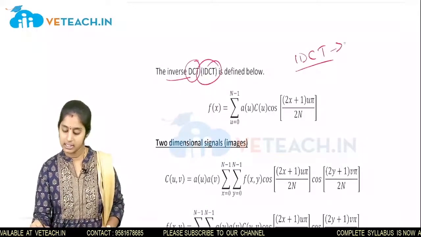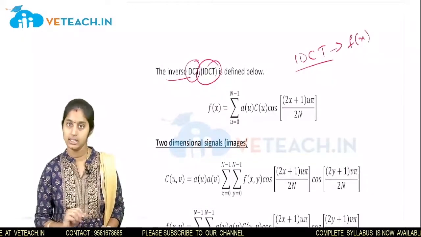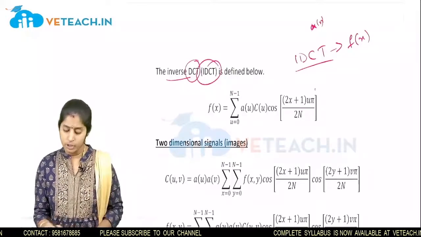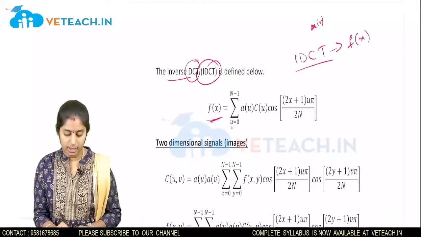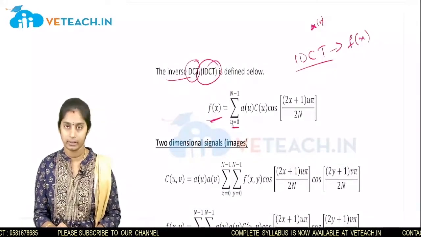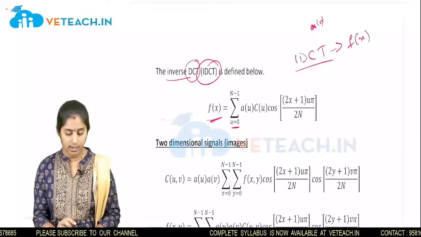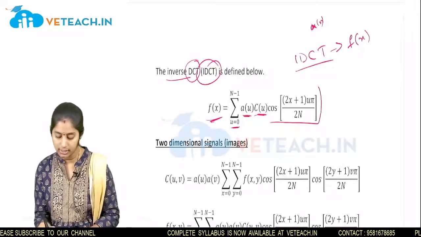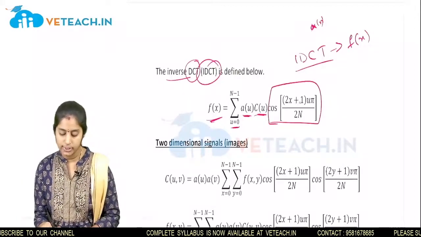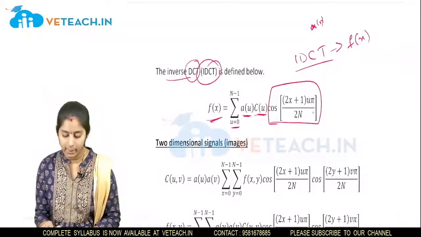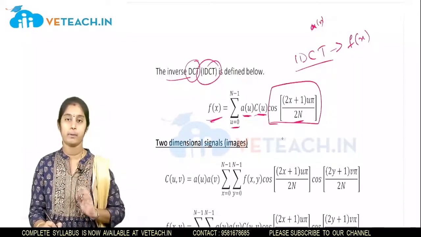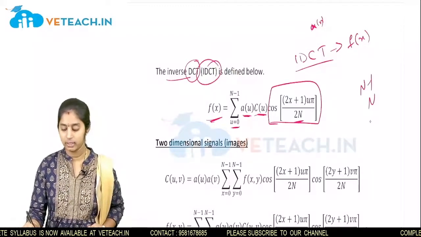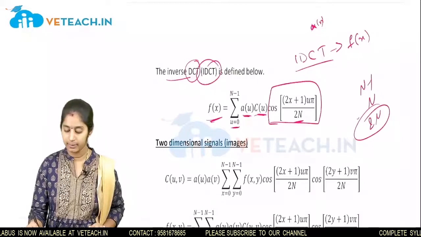For this we consider the function f of x here, whereas previously we had c of u. So f of x is equal to the summation over u, the dependent variable, where u goes from 0 to n minus 1, of a of u into c of u into the cosine function cos of (2x plus 1) into u into pi by 2n. These are the components we are taking. The maximum value is n minus 1, the next value is n, the next value is 2n, so these values will be considered here.